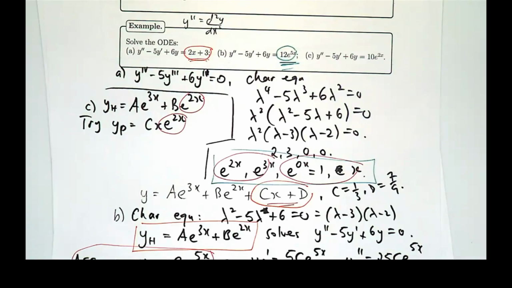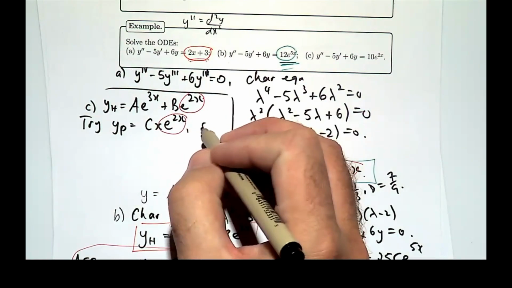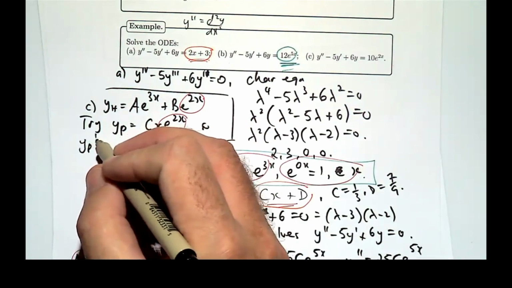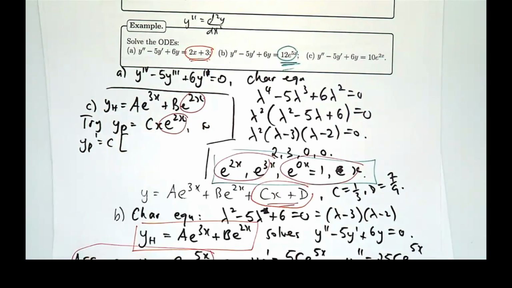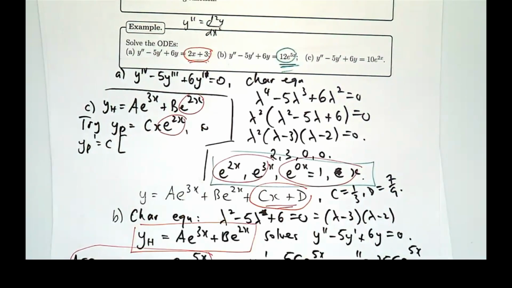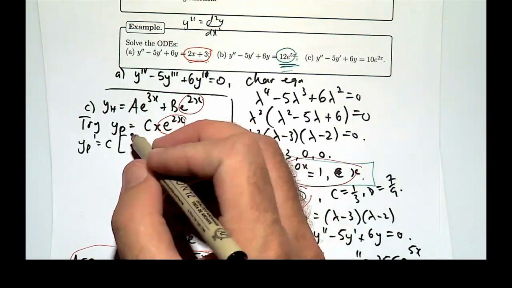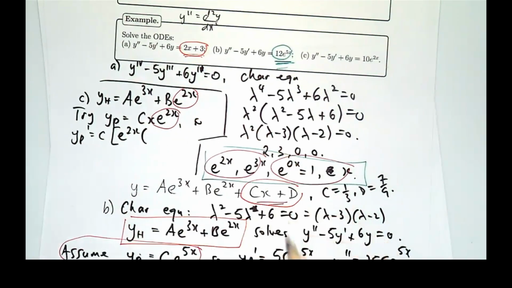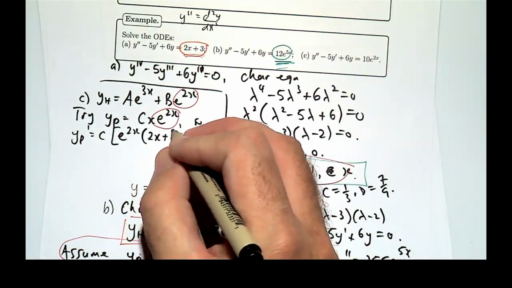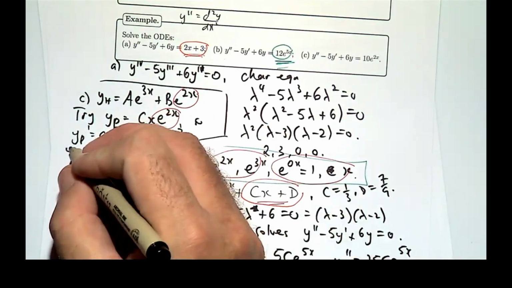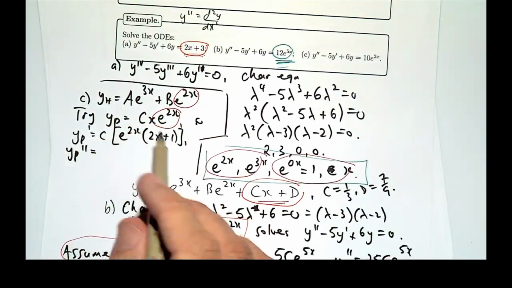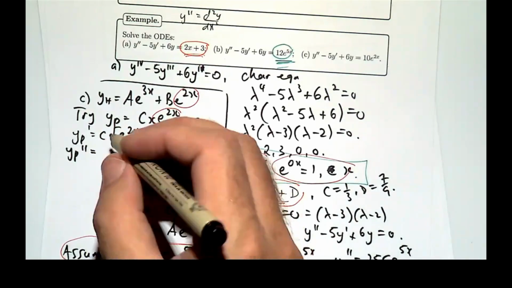Yep. So if I was differentiating here, you're going to get a common factor of e to the 2x. So you're going to get sort of 2 plus 2x plus 1. Okay, you differentiate that again. Here's what I got.